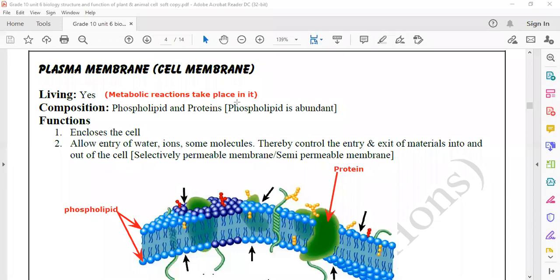The materials that can go through the plasma membrane are mentioned to you: water, ions, and some molecules. Read and see whether you can understand plasma membrane's functions.